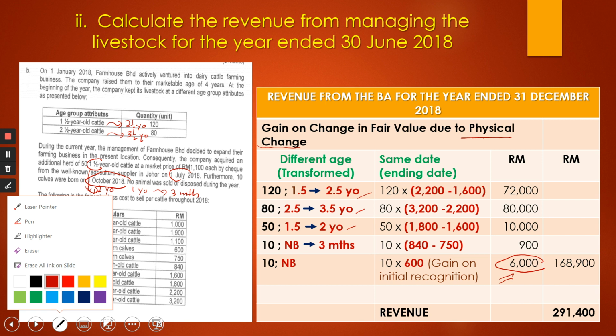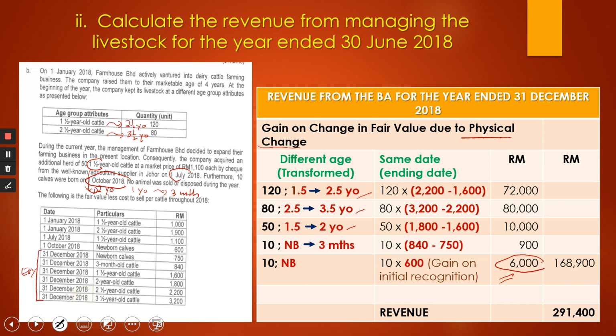The first one, we start off with the 1.5-year-old here. The price is 1,006. The date should be the same. It grows to become 2.5-year-old here.